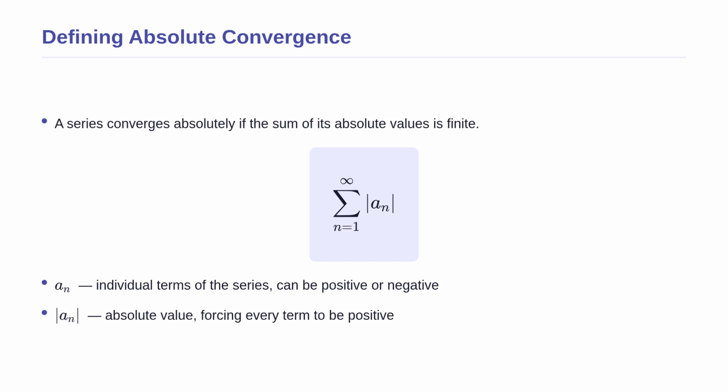The symbol a sub n represents the individual terms of our original series, which can be positive or negative. The vertical bars represent the absolute value operation, forcing every term to be positive. The summation symbol tells us to add all these infinitely many positive terms together. If this sum is finite, the original series is absolutely convergent.